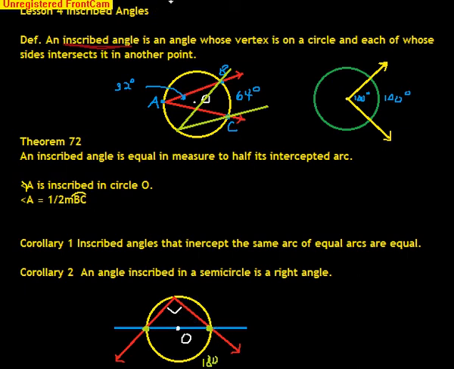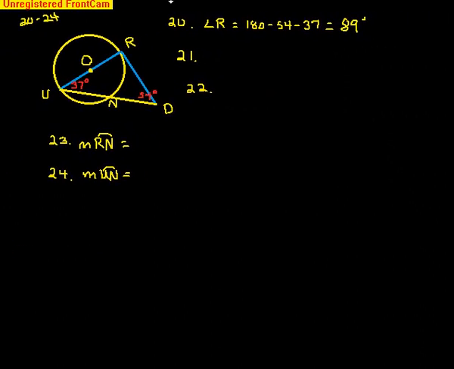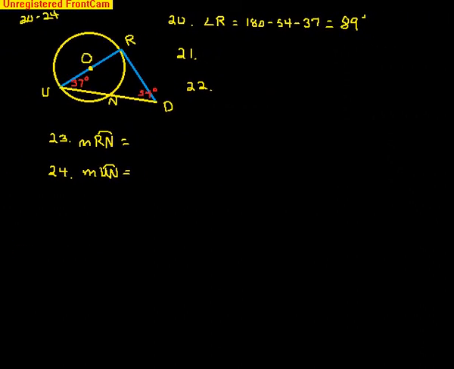Okay, let's try a couple problems, and then I'm going to do two proofs. This is problems 20 to 24. They give you this picture right here, and they're going to give you that this angle is 37, and this angle is 54. The first question says find angle R. This is an easy one. This is a triangle.